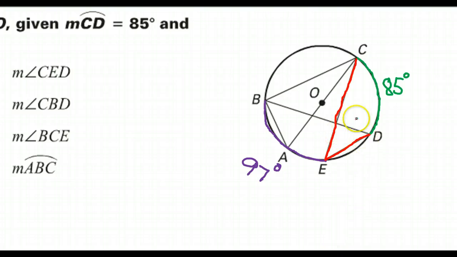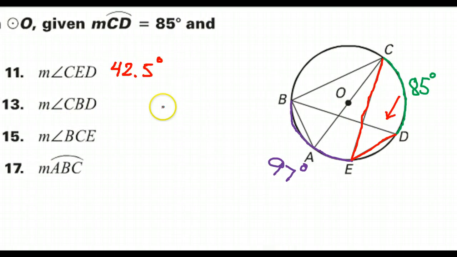This angle reaches out and intercepts the green arc, 85. So I should be able to find this angle simply by dividing by 2. Cut it in half, so that is 42.5 degrees. Not so bad.